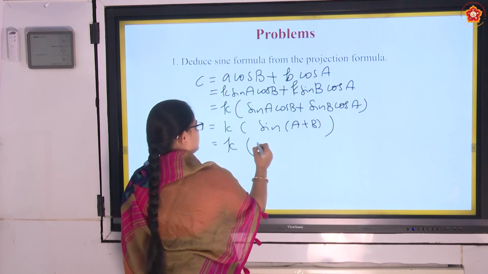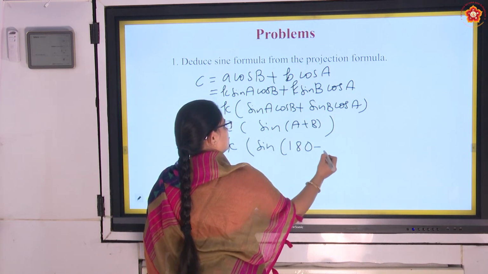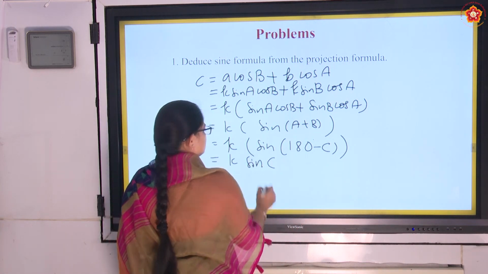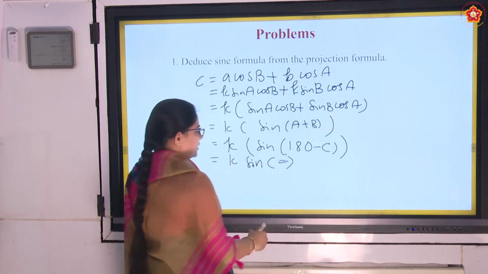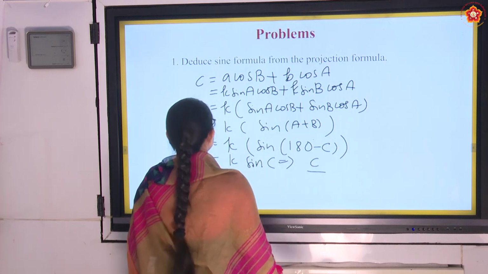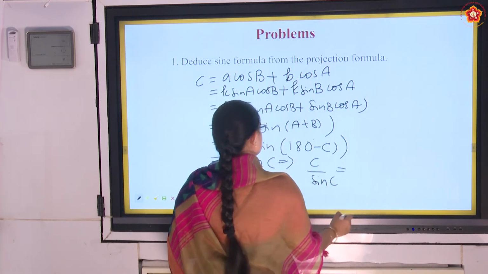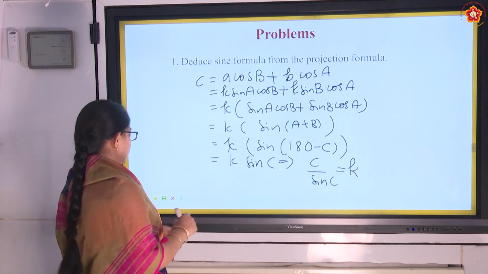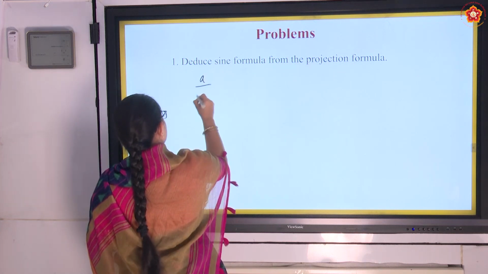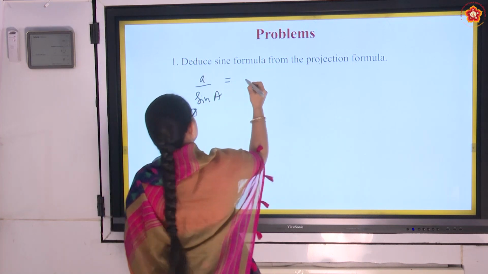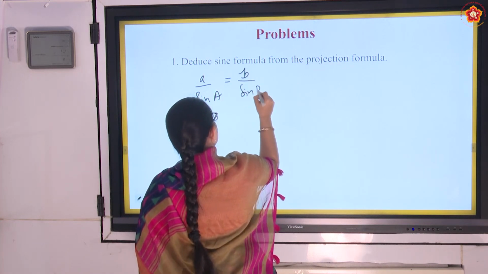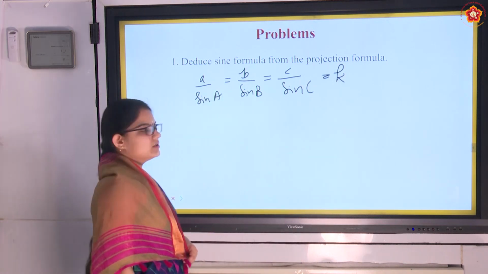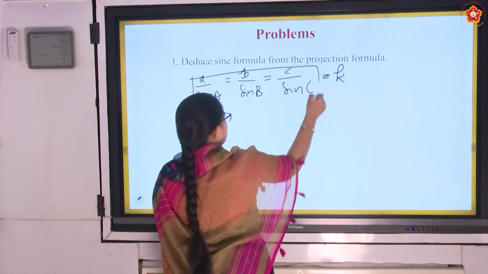So sin (A plus B) we can write as sin of (180 minus C), which is equal to K sin C. Now from there we can write c by sin C is equal to K. So we got a by sin A is equal to b by sin B is equal to c by sin C, which is equal to K. So that is nothing but the sine formula.